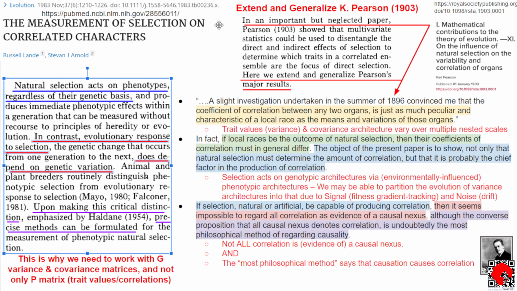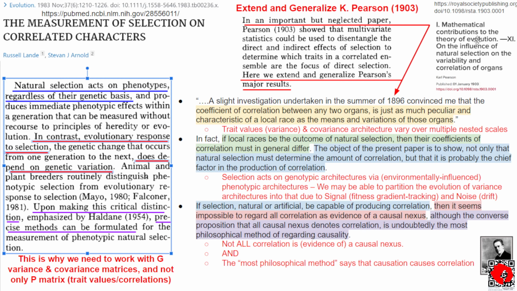So Lande and Arnold write, in an important but neglected paper, "Pearson 1903 showed that multivariate statistics could be used to disentangle the direct and indirect effects of selection to determine which traits in a correlated ensemble are the focus of direct selection. Here we extend and generalize Pearson's major results."